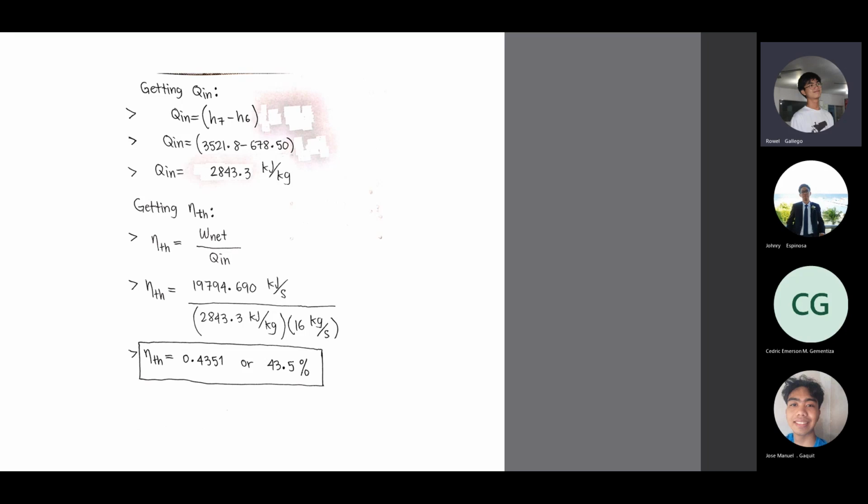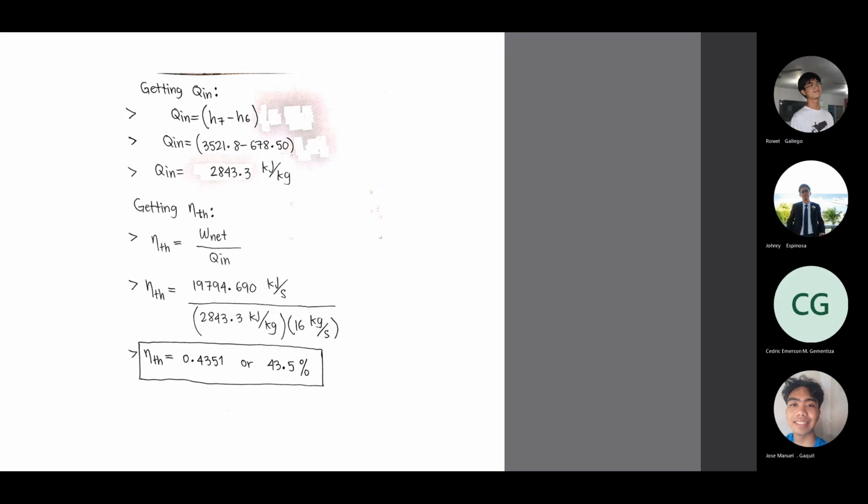Now, since the expression needs the net work and the energy input at the boiler, and we don't have the value for the energy input yet, we will solve the energy input, and it's displayed in the slide. By solving for the energy input, we need to do an energy balance at the boiler. So we'll have M6H6 plus the energy input is equal to the expression that is leaving, M7H7.